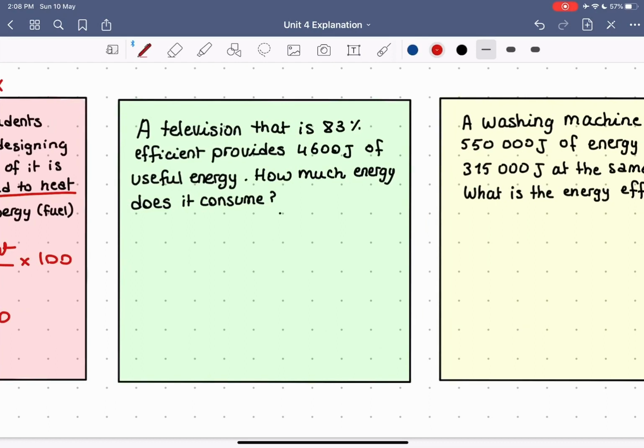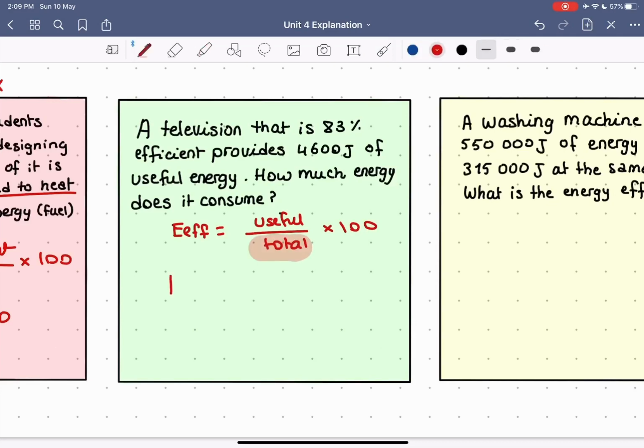Second example, a television that is 83% efficient produces 4,600 joules of useful energy. How much energy does it consume? So knowing that energy efficiency is equal to the useful over total times 100, we can rearrange the formula because this is what we need.